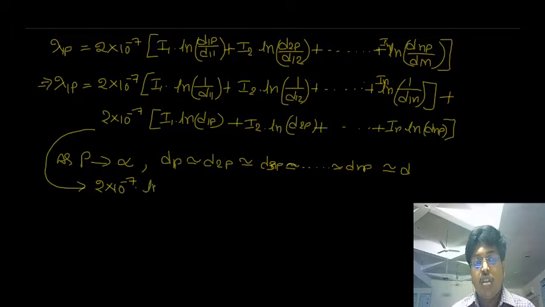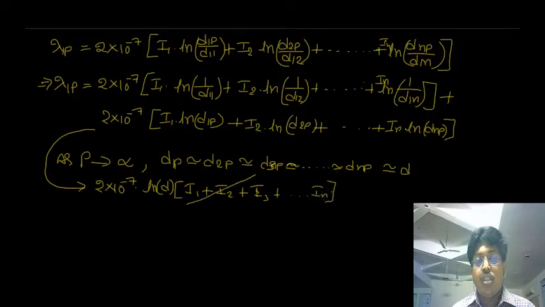So I have taken logarithm of d as a common factor into I1 plus I2 plus I3 plus so on up to IN. Now we know that the sum of these currents is equivalent to 0, so the entire second term vanishes.